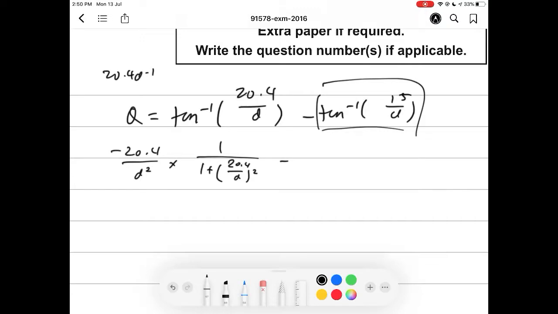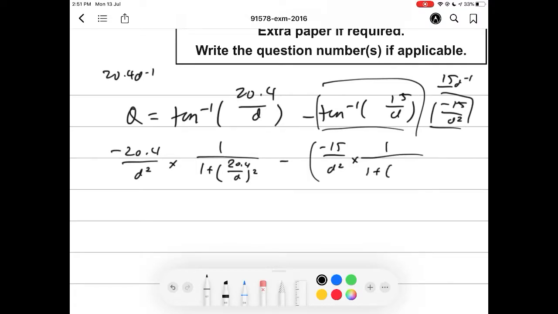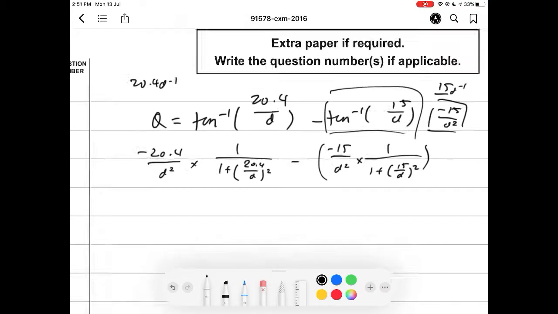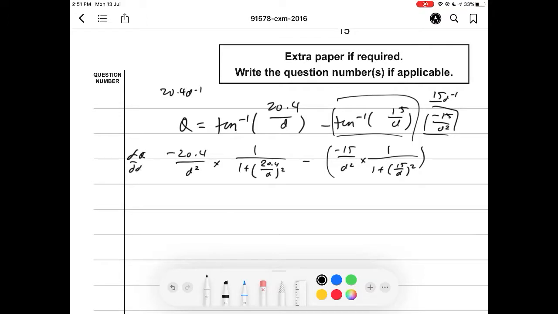And for the 15, the derivative of 15 over d, that's 15d to the power of negative 1, so that's negative 15 over d squared, that's the derivative. So minus negative 15 over d squared multiplied by 1 over 1 plus 15 over d squared. And that's our d theta over dd.